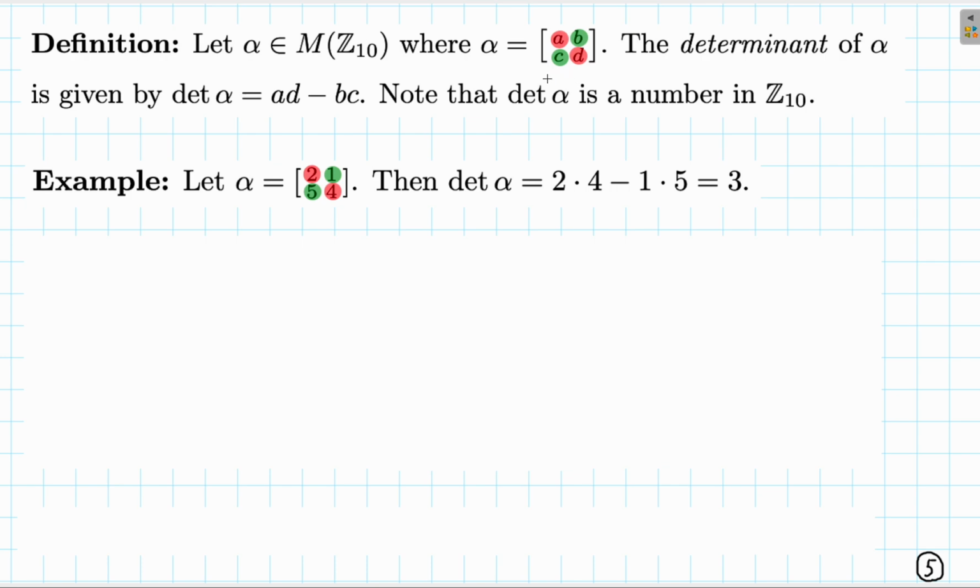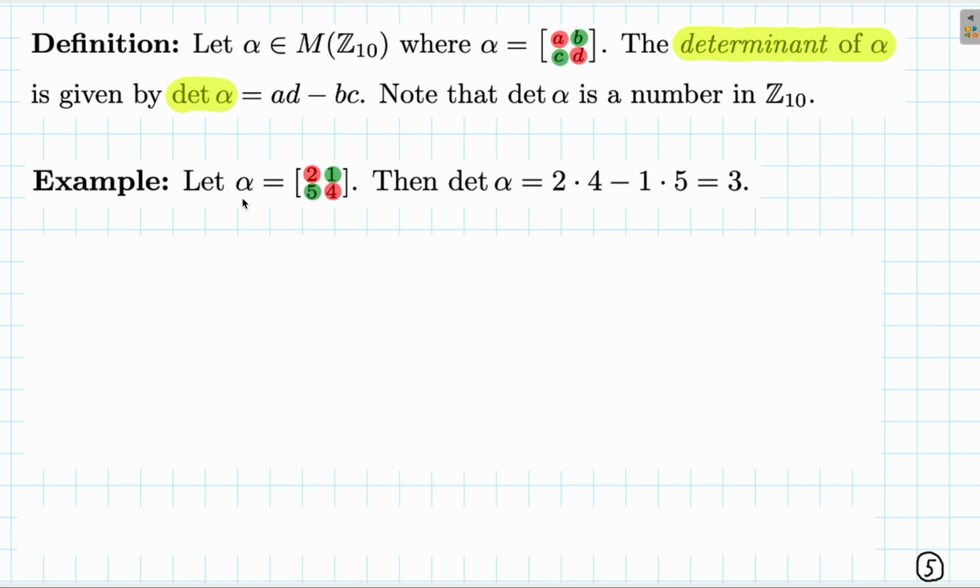Then the determinant of alpha, which we'll denote det alpha for short, is given by AD minus BC. So we take the main diagonal entries A times D and subtract B times C. And note that this determinant is a number in Z10 because we're multiplying and subtracting numbers in Z10.